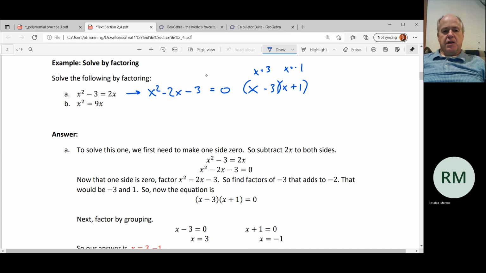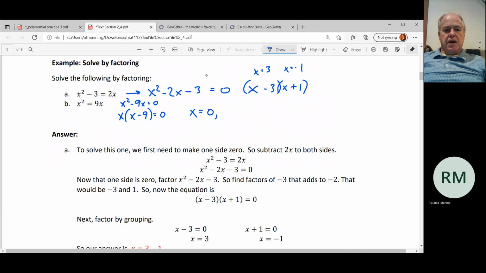This one is even an easier one. I know that when x is 0, both sides are going to be 0. So I can factor that out or recognize that that is equal to x squared minus 9x equals 0, or x times x minus 9 is equal to 0. In this case, x can be 0. That's one solution.